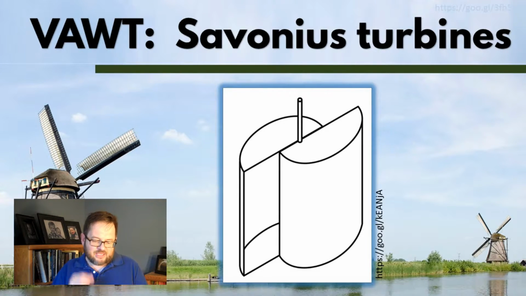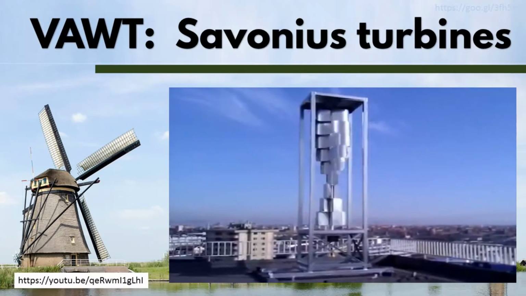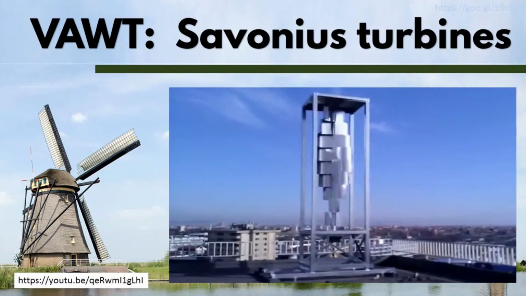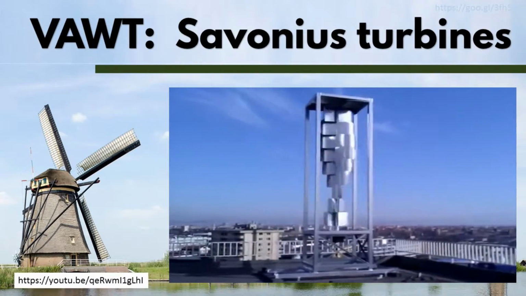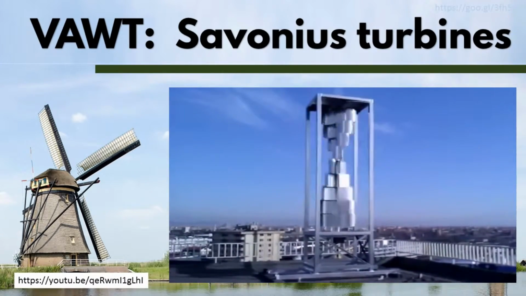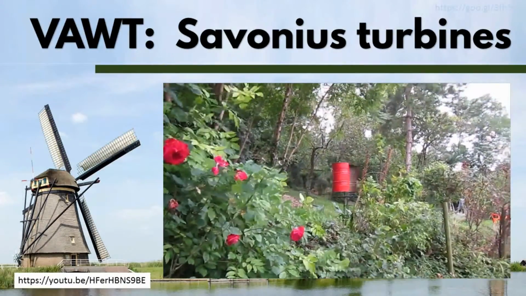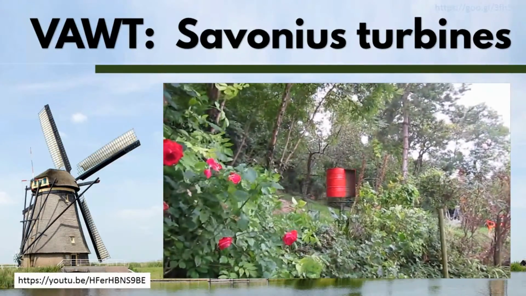Anyway, Savonius wind turbines are where there are like 2 to 3 cups or buckets or whatever, and they are rotating around a vertical axis, and they are producing mechanical energy that then can be converted into electricity. Here you see some videos associated with them. And this can be a very simple technology. I mean, this can be literally buckets cut in half and mounted properly on a vertical axis.